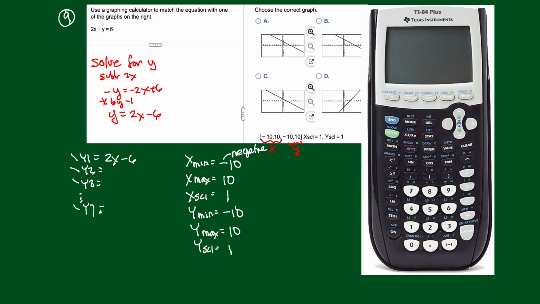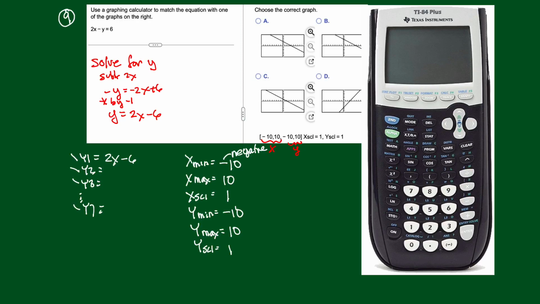So the keys we were using were y equals, then Window, and now over here, graph. When you press the graph key, the calculator will set up your window from negative 10 to 10 on x, negative 10 to 10 on y, and then it will draw the graph of this equation. So go ahead now and press the graph key.